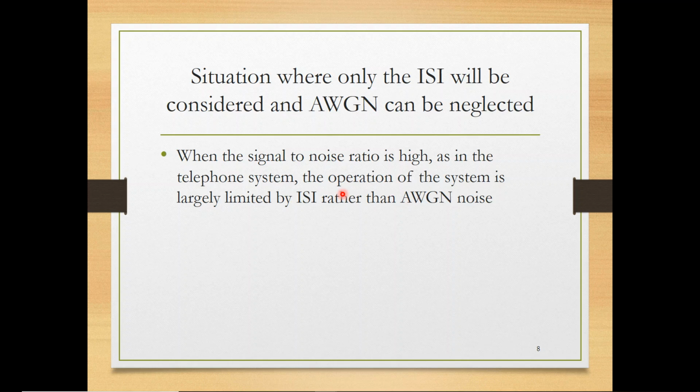What it means is that the performance of the system heavily depends on ISI only in these cases, because you transmit your signal with high power in telephony systems, and in this case the noise will be ignorable, because it will be so small that it doesn't affect your performance. What affects your performance is the inter-symbol interference.